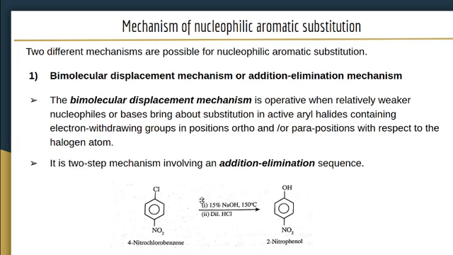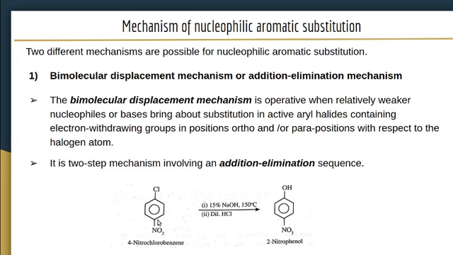So a nucleophile with negative charge can easily attack this ring. By the presence of electron withdrawing groups at ortho and para positions, the ring becomes more active towards nucleophilic substitution reaction.